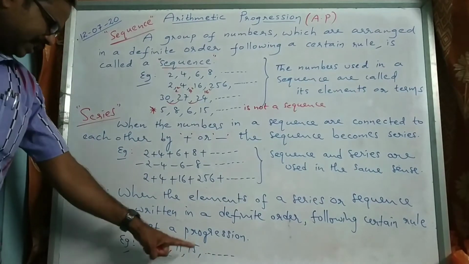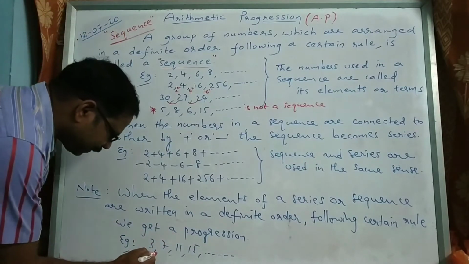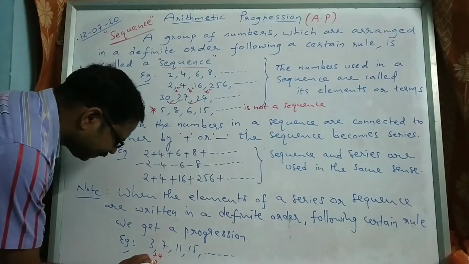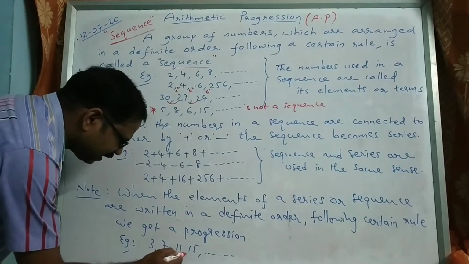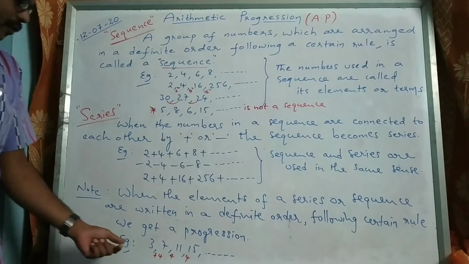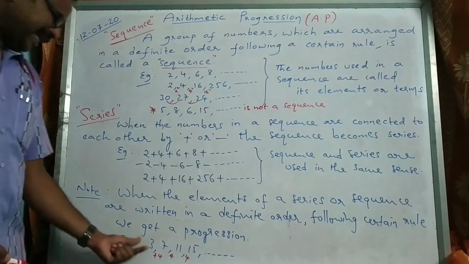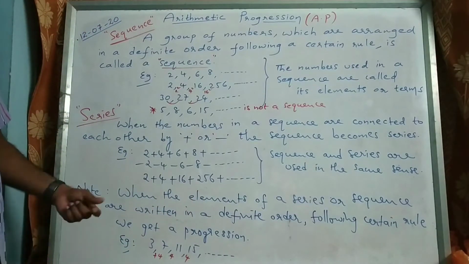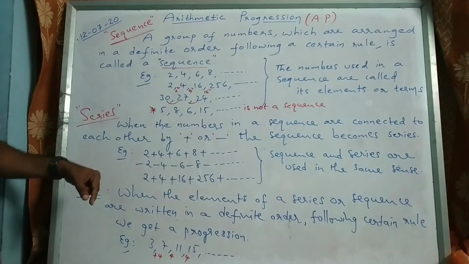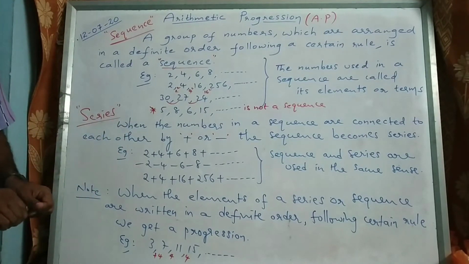Observe this progression here. 4 is added here, 4 is added here also, 4 is added to get the next term. Such type of progression is called arithmetic progression. One fixed number is added to the previous number.